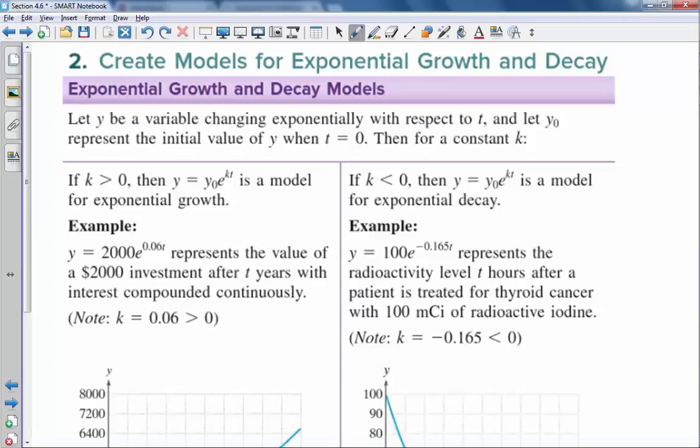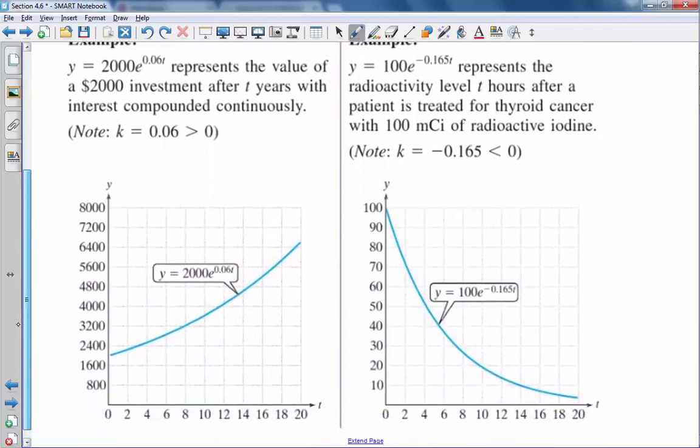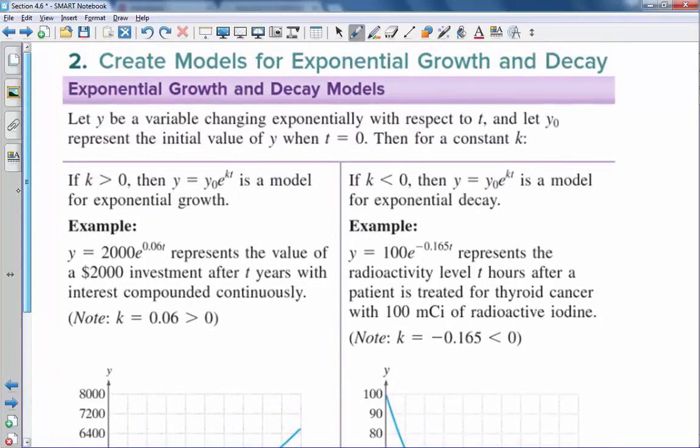All right, let's talk about these two pictures and experiments and stop there for today. So again, there are two models you can make using exponentials. One is exponential growth, the other one is decay.